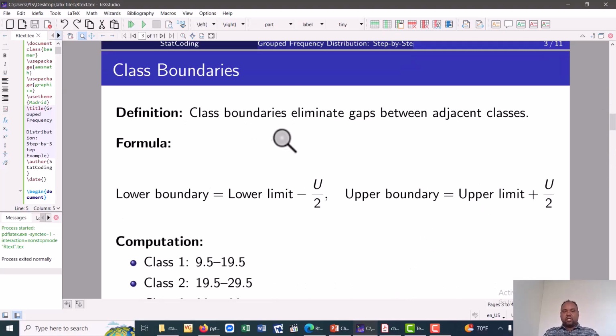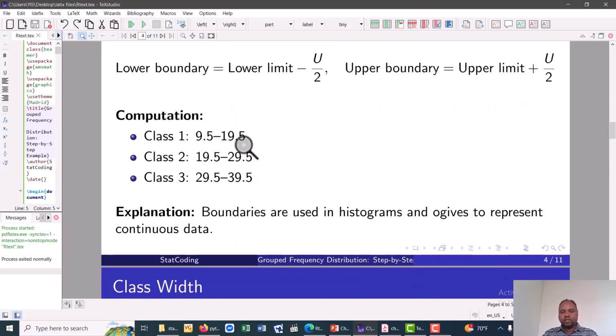Class boundaries eliminate gaps between adjacent classes. The gap between the class intervals is what we have seen under the unit of measurement. Now that is divided by 2, and it becomes 0.5. So we subtract 0.5 from the lower class limit of a class and add 0.5 to the upper class limit of that class to obtain the class boundaries.